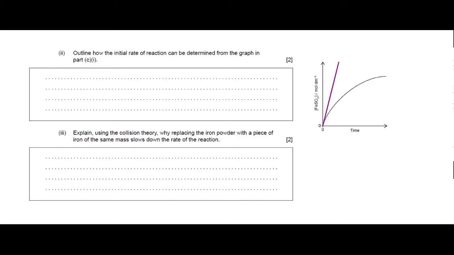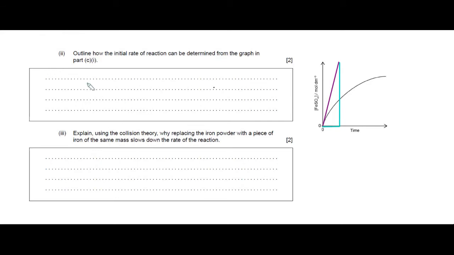In order to calculate the slope of this violet line, which is the tangent, I have to draw a line parallel to y-axis, and I have to take this line along the x-axis. I have to take the ratio between y on x. You'll be able to get the initial rate for this particular reaction. So drawing the tangent to this point, we'll be able to calculate the initial rate for the reaction.